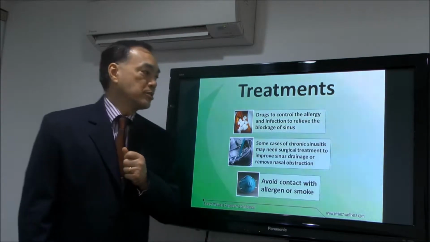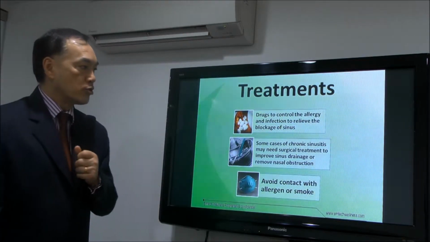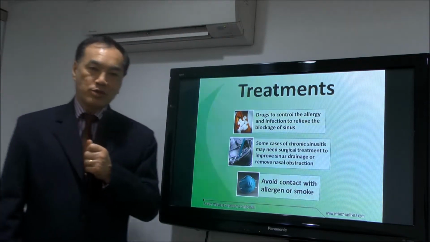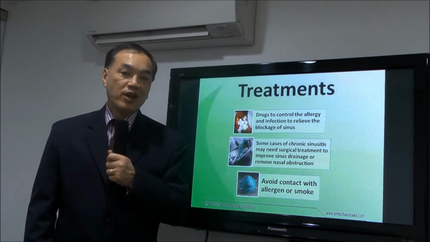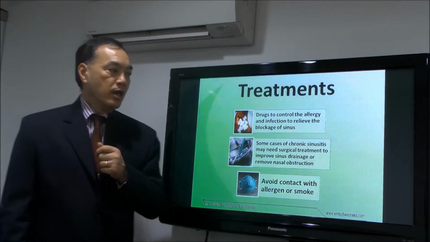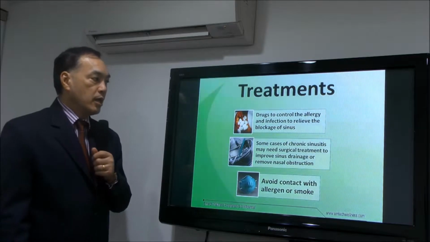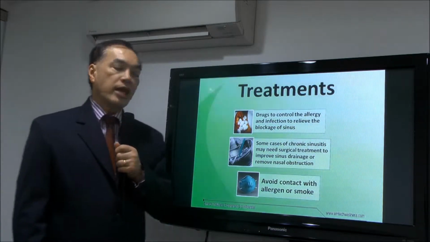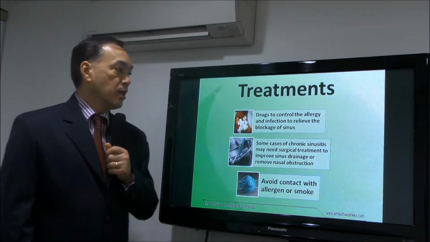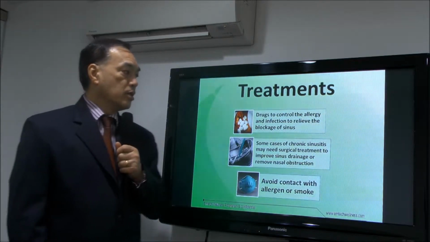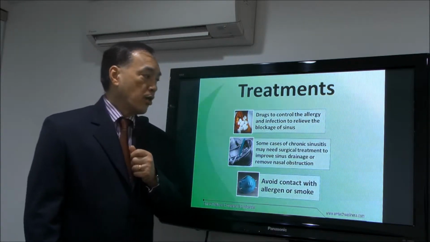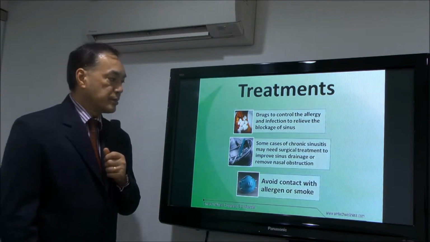The mainstream treatments are medications to control allergy, which is good to reduce the symptoms if we do not know of any good supporting natural treatments. These drugs control the allergy, like antihistamines, and the infections, like antibiotics, to relieve the blockage of the sinus membranes.